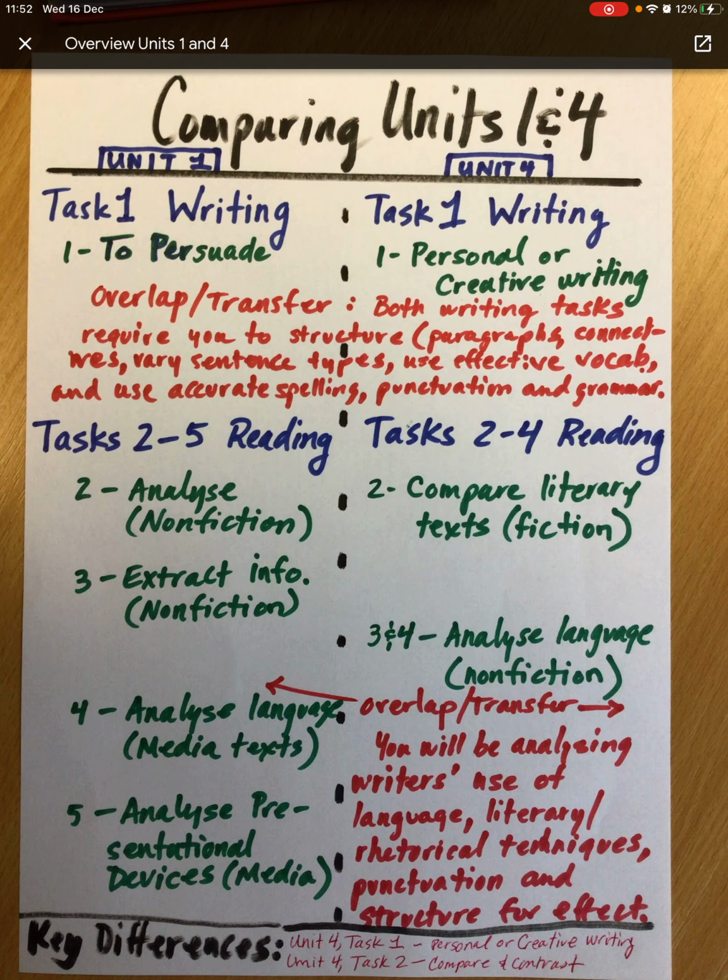Oh, there should be a closed parenthesis there. It requires you to vary or change your sentence types, to use effective vocabulary, to use accurate spelling, punctuation, and grammar. All of those things are areas where you will be marked, where you will have the chance to earn marks. So if you're doing those things well, and you've practiced them for Unit 1, Task 1, then if you apply those same skills in Unit 4, Task 1, you'll be well on your way to success.